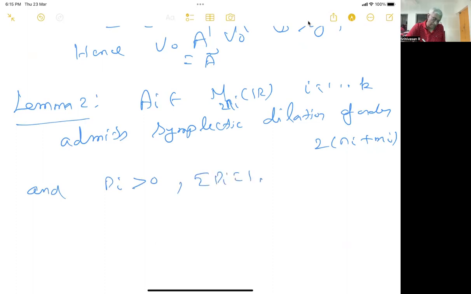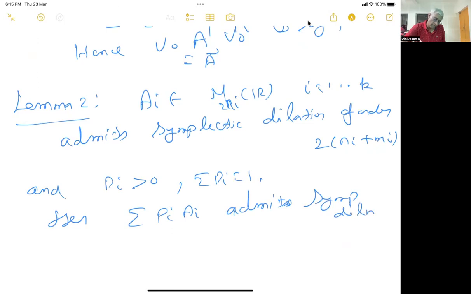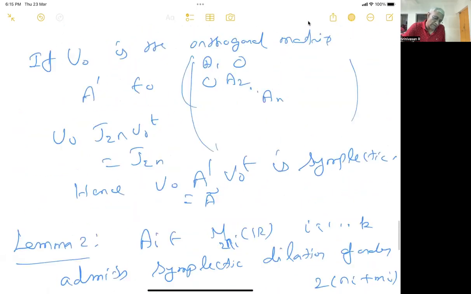Then the convex linear combination, summation Pi AI, admits symplectic dilation of order summation K into Ni. I forgot, there has to be a 2.